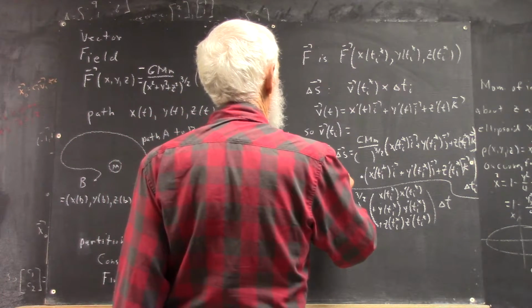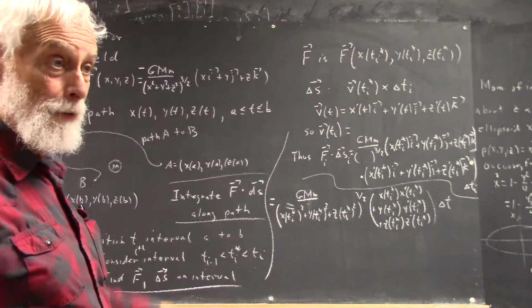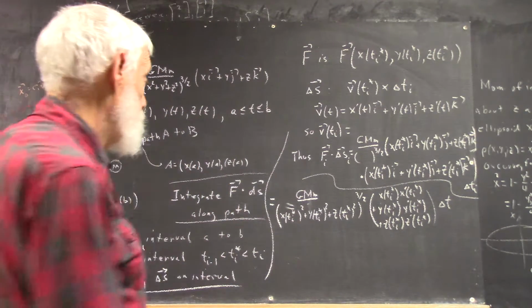I'll make this an F_i delta s_i, because we're just talking about the ith interval. Okay?